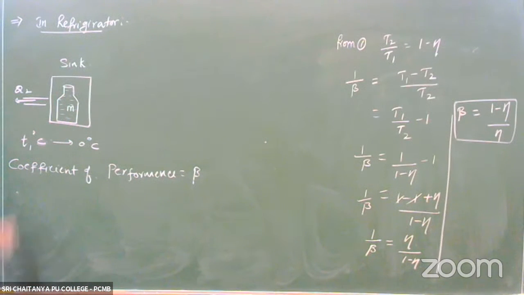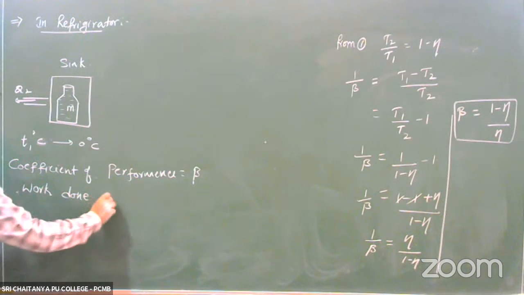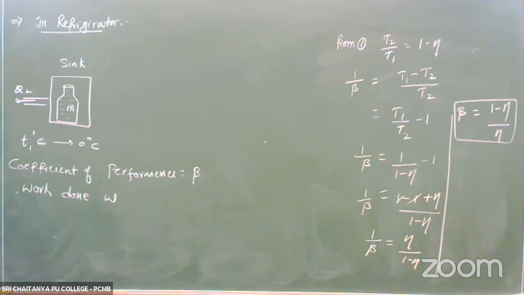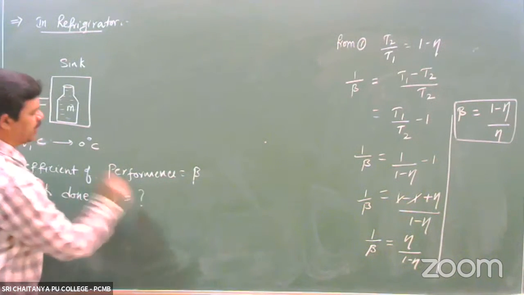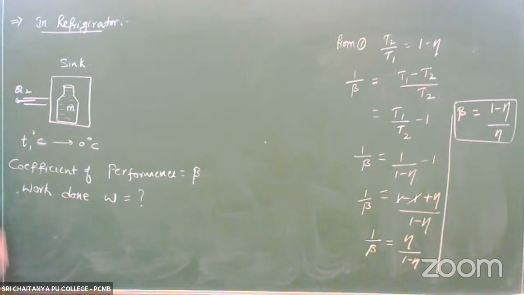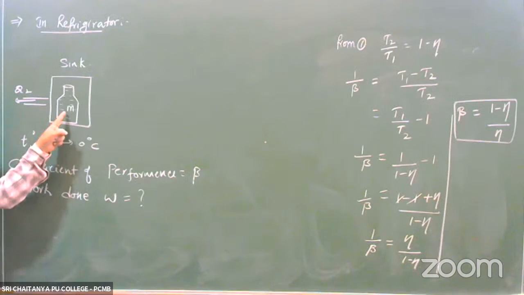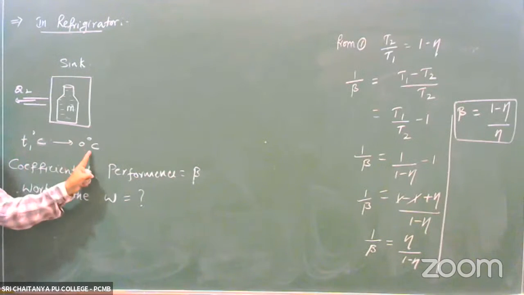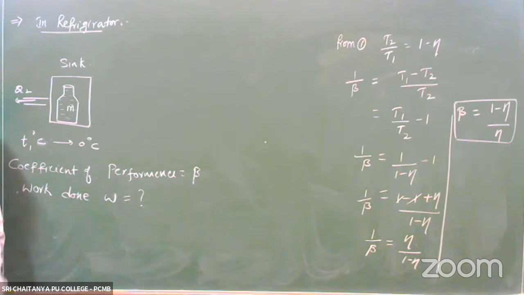Okay. Work done is W. You are asked to find this work done. How much work is to be done to extract heat to cool this water from T1 degree Celsius to 0 degree Celsius? This is the question.